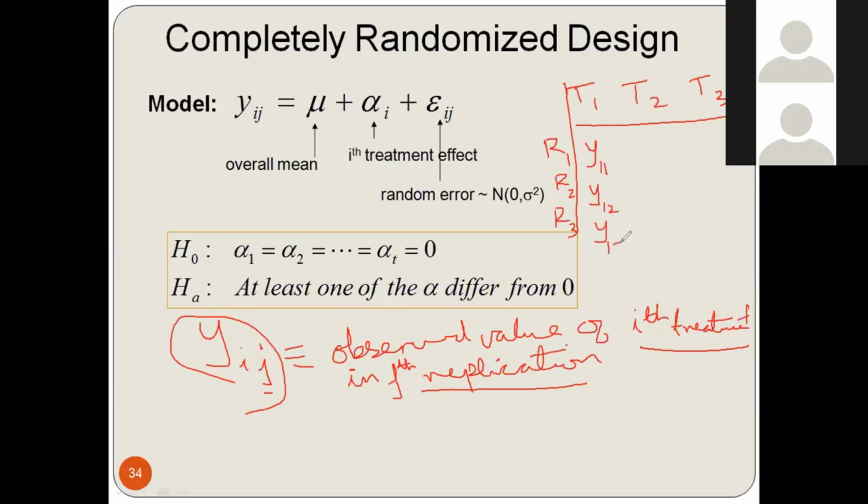First treatment, third replicate. Similarly, Y21, Y22, Y23. Then Y31, Y32, Y33. So this is how we indicate the observations.